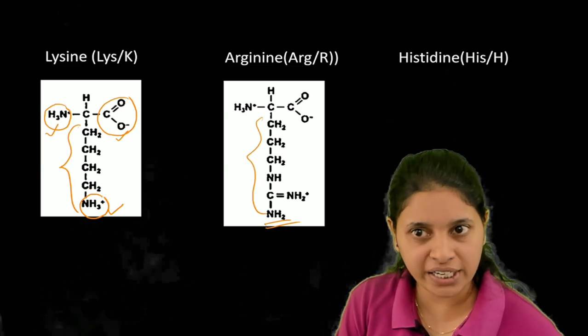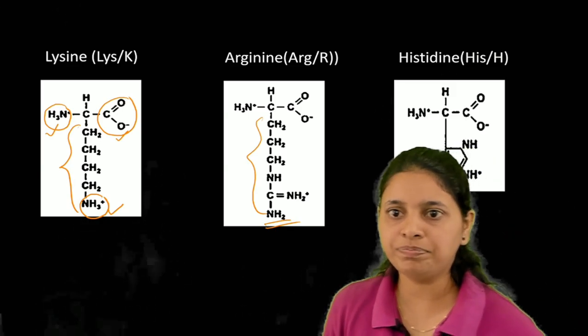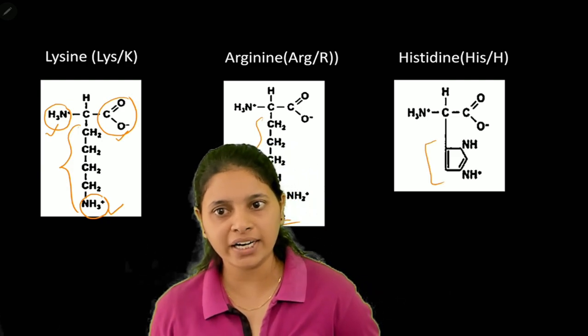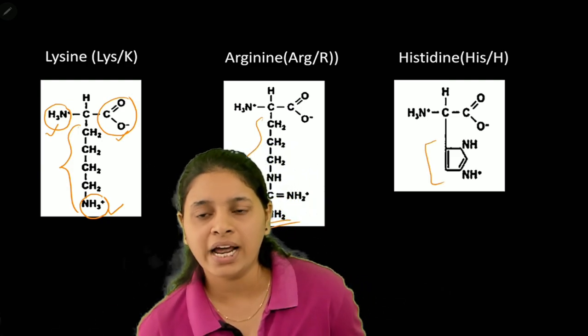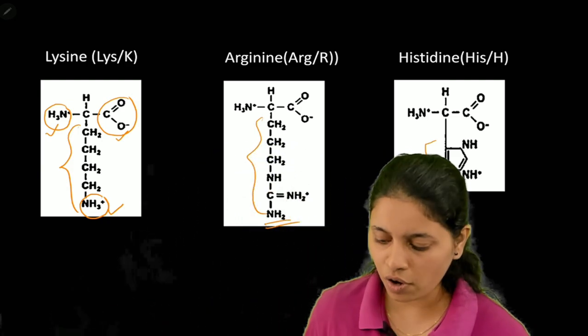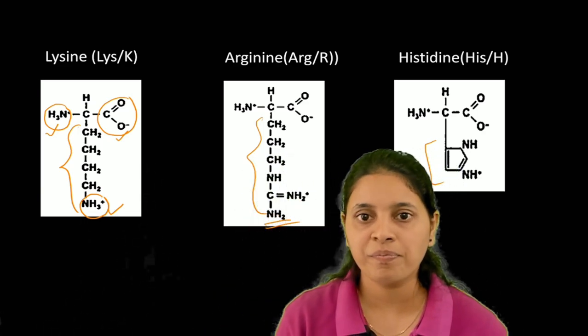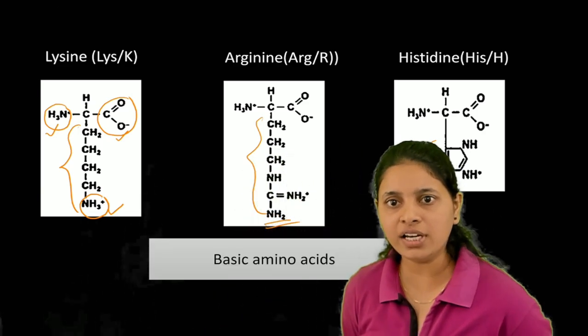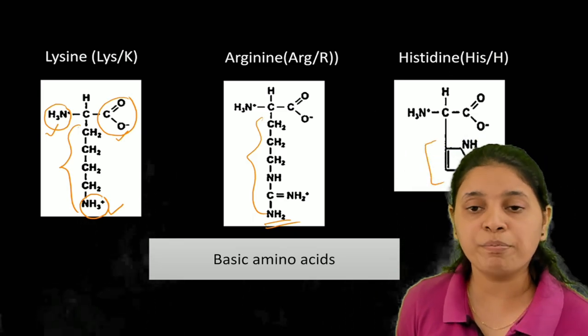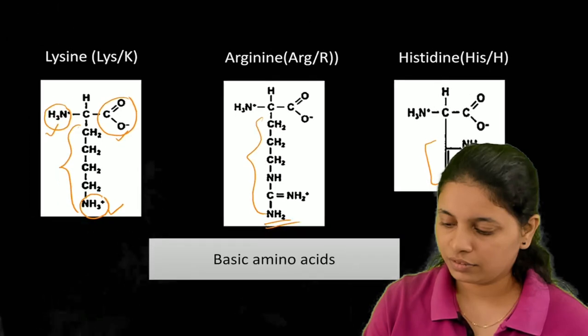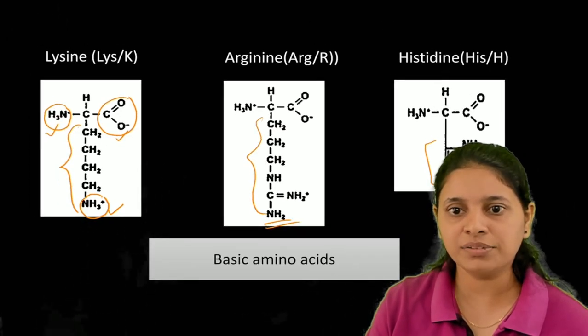Next we have histidine, and see the structure. This will be the side chain part, right? It also has the amine groups, and that is why this is also a basic amino acid, and there is a ring structure over here. Lysine, arginine and histidine, these are basic amino acids.